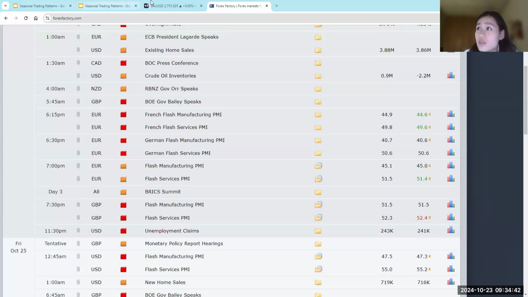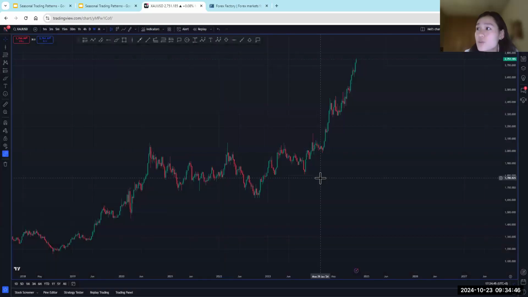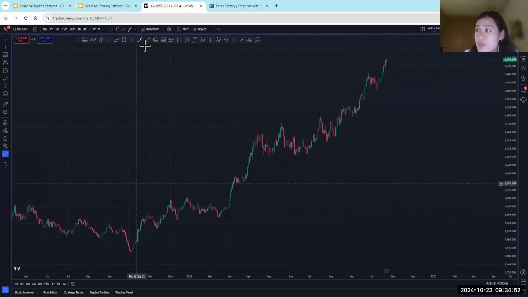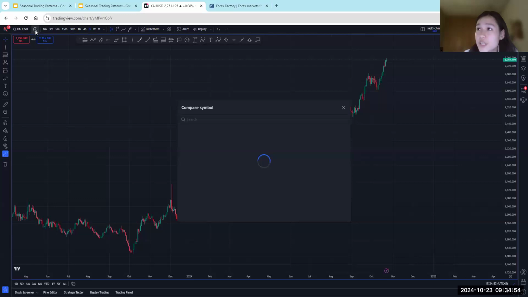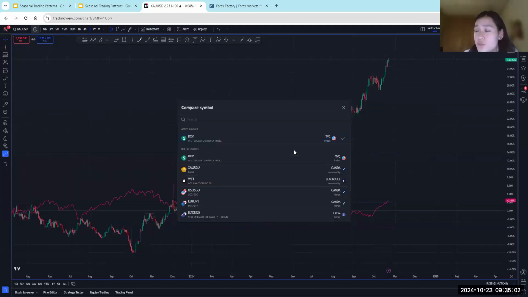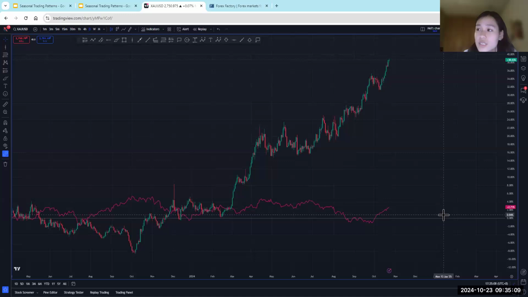Okay, let me show you. So we're looking at gold currently. This is the price of gold. If we look at it on our daily time frame, you can see prices are moving in this uptrend. Using this plus sign, you can compare two price scales. So I want to compare DXY and gold just to show you how they are inversely correlated.